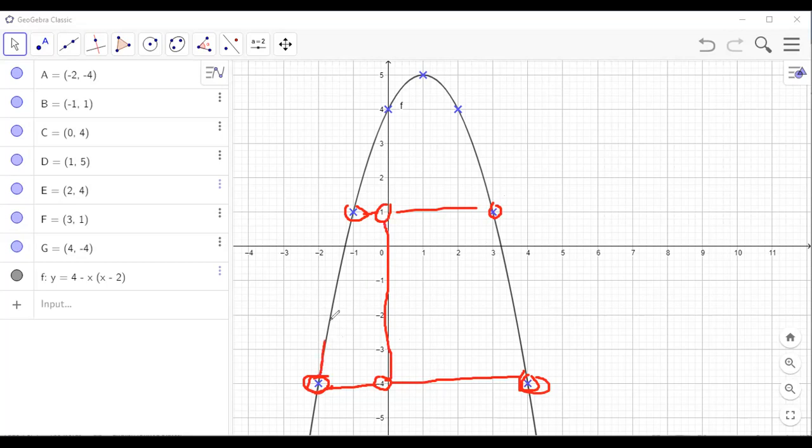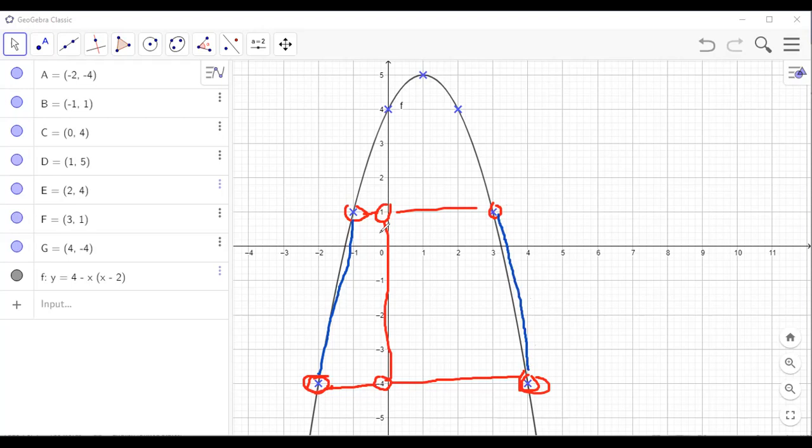The graph moves this part, right? This is one part of the graph, and also this part. Okay, so those are the two parts when y moves from -4 to 1, right?